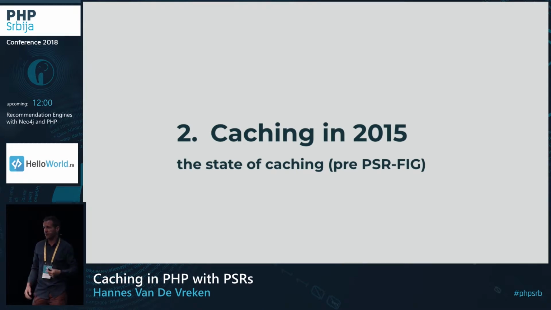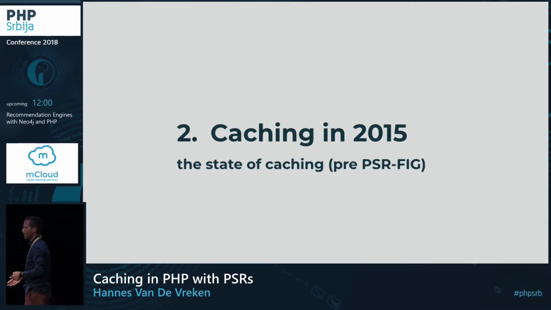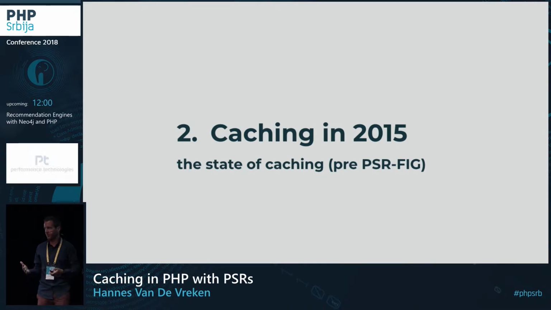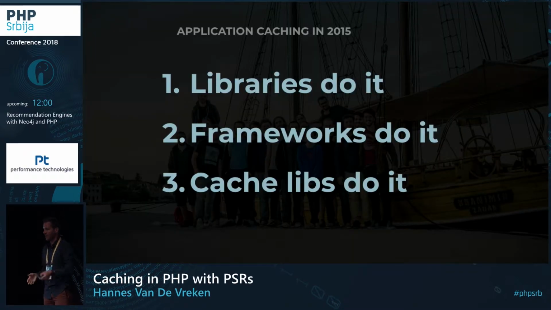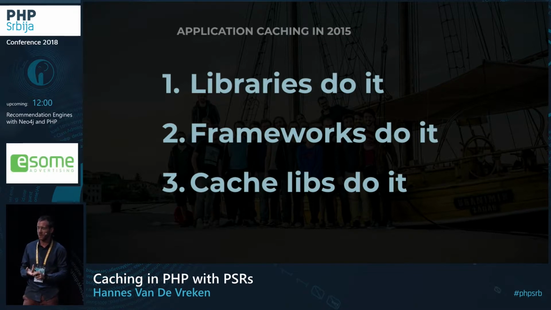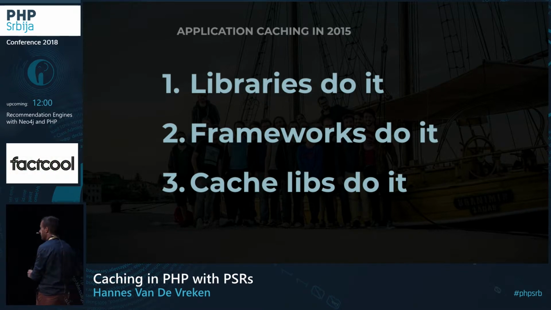Before 2015, we used to do caching in PHP as well, but everyone was rolling their own and doing their own thing. Libraries would do their own thing. Geocoding libraries would have their own caching layer. They would have connections with Redis and Memcache, but not a file system, for example, or they would not have a void adapter.